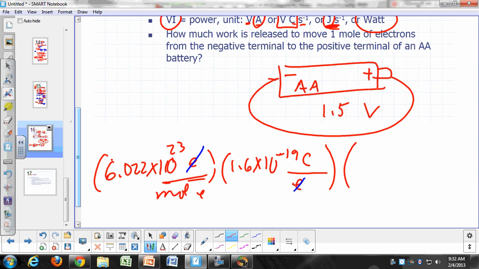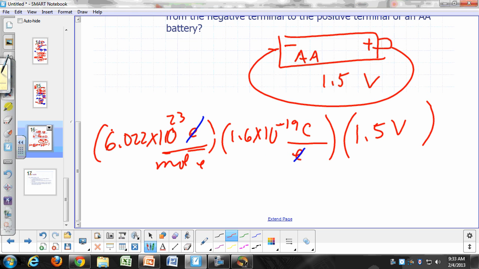So that's the charge. And what's the voltage? 1.5 volts. So that's how many coulomb volts you're going to need. This number right here, calculate that number for me. 6.022 times 10 to the 23rd times 1.602 times 10 to the negative 19. That's 96,300.